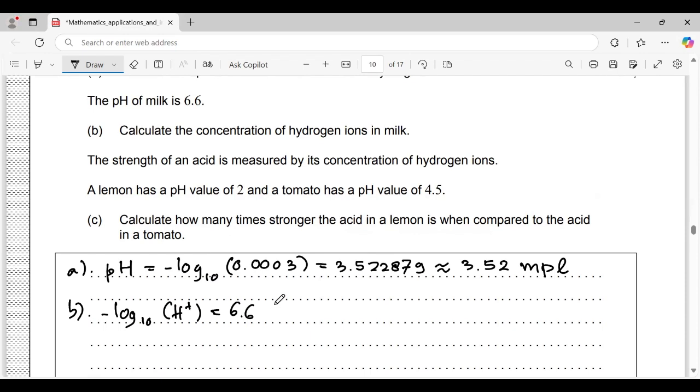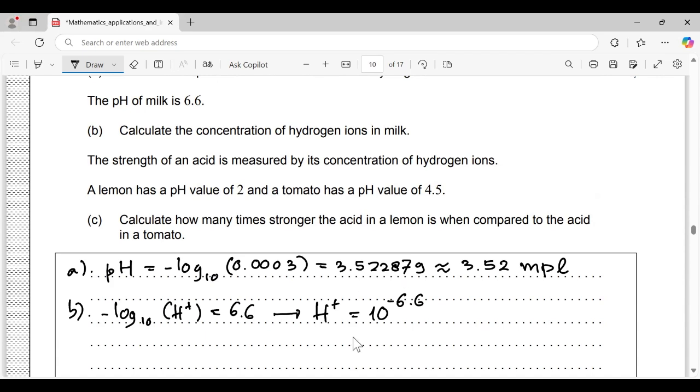According to the logarithm rule, we can write H positive equals 10 to the power minus 6.6.